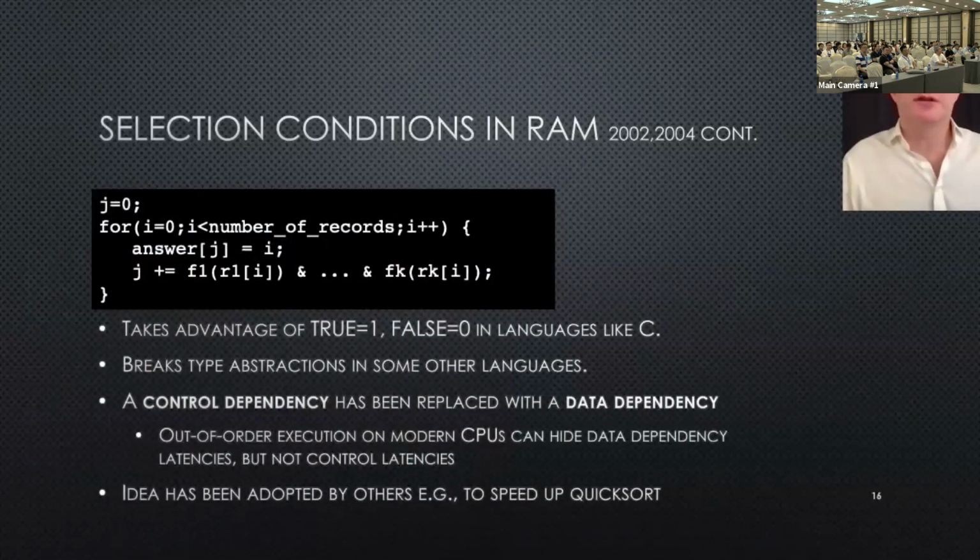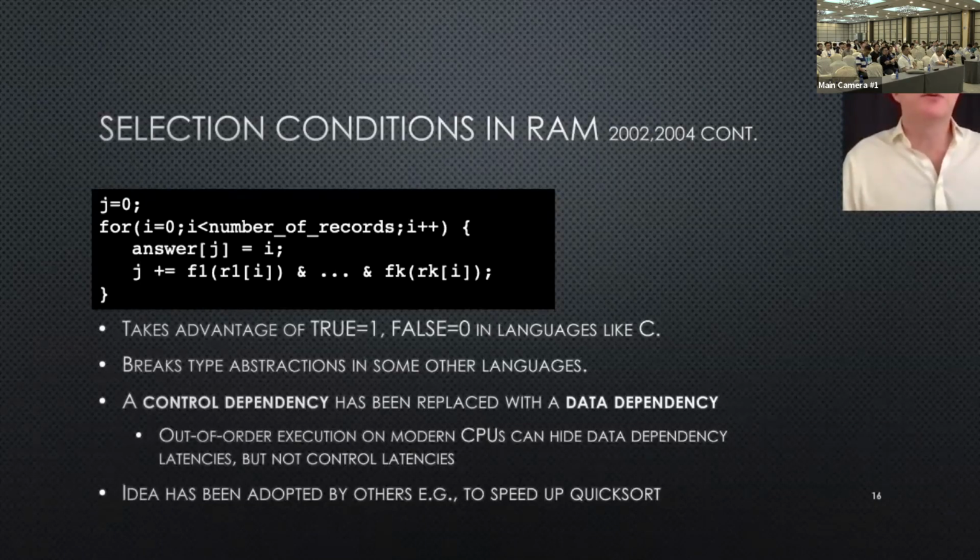So here is a version of the code that uses no branches at all. What we do is that we always write i to the answer array, but we only increment the index in the answer array if the test of all these Booleans is true. Now we can take advantage of the fact that in languages like C, true is represented as the integer 1 and false is represented as the integer 0.